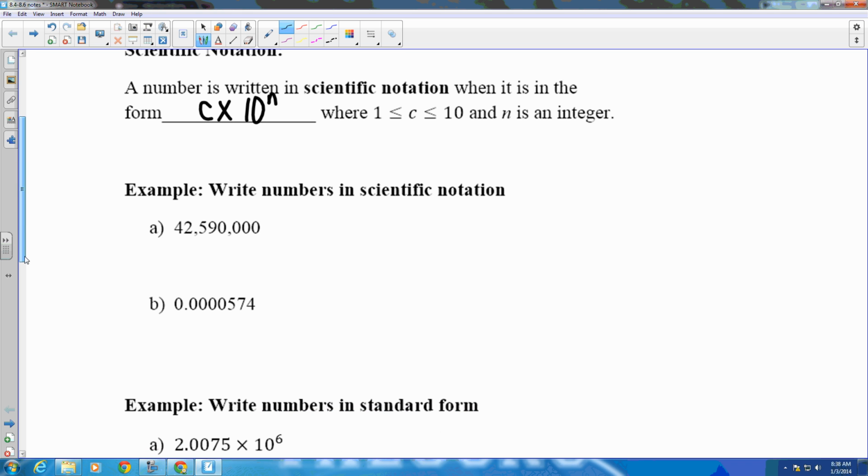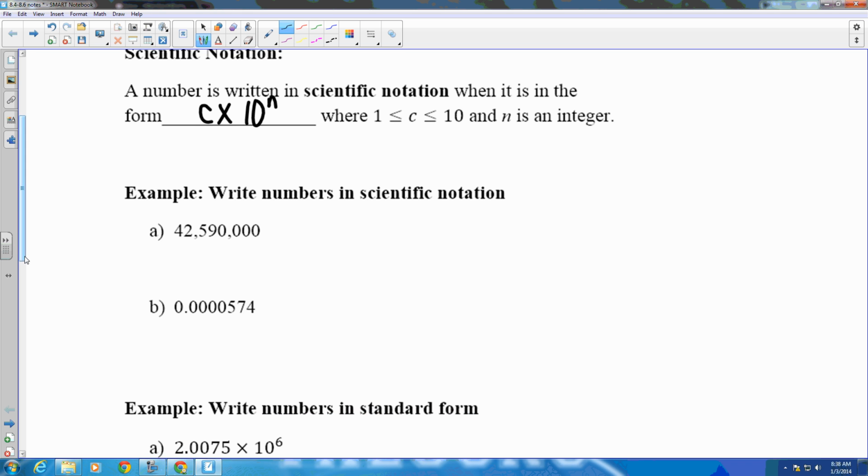So we're going to change these numbers. These are in standard form. We're going to change them to scientific notation. Now, something to note is if you have positive exponents for scientific notation, you are going to move the decimal place from standard form to the left.